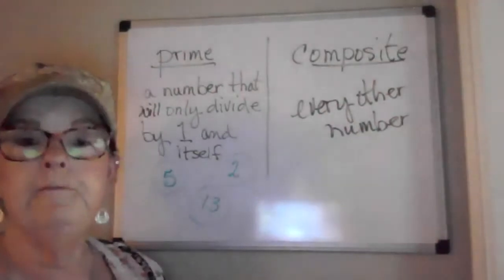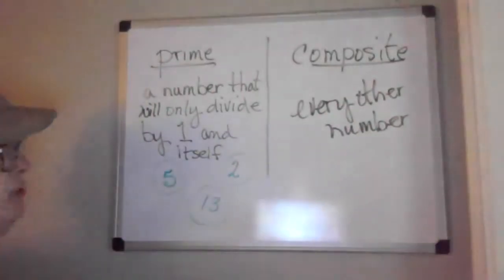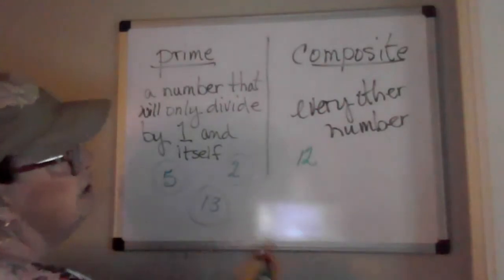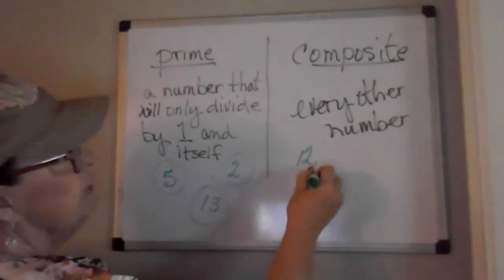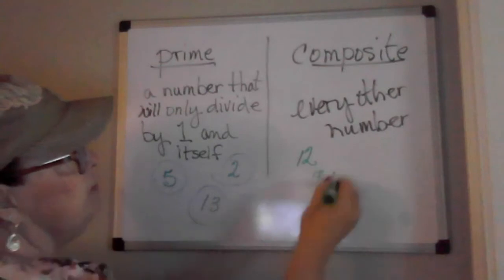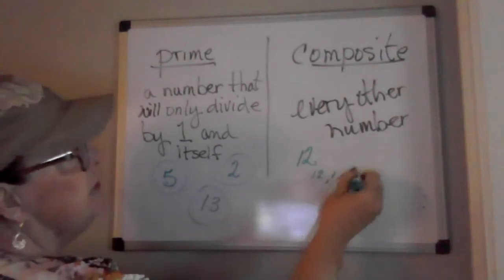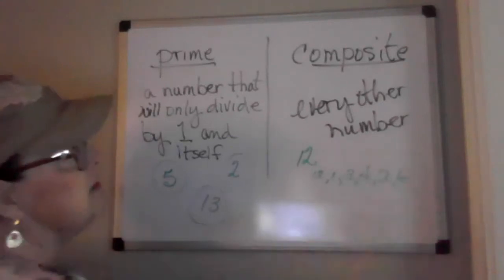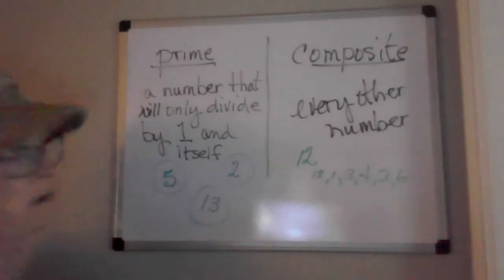Every other number. Here's an example of a composite, 12. Because yes, it will divide by 12, it will divide by 1, but it will also divide by 3, it'll divide by 4, it'll divide by 2, it'll divide by 6. Do y'all understand?